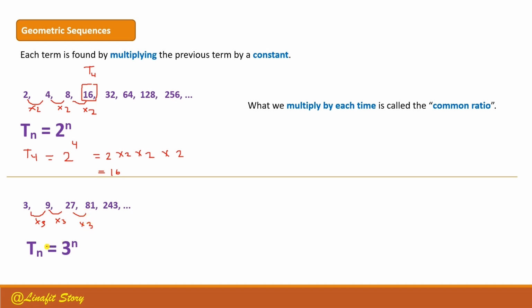So, to get the general rule, Tn is equal to 3 to the power of n. For example, we will find the fourth term. T4 is equal to 3 to the power of 4. So 3 times 3 times 3 times 3 is equal to 81.